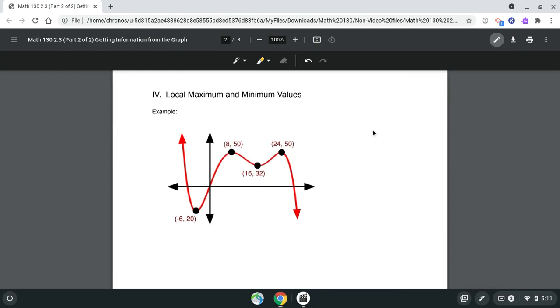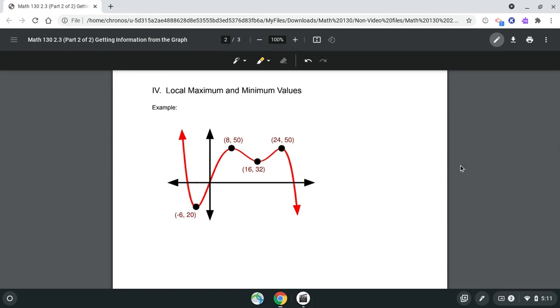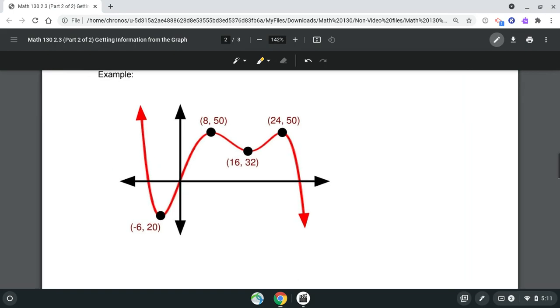All right, so let's go ahead and do local maximums and minimums. Okay, so what happens here is in math, we become concerned about what's happening right around these areas where the graph starts to transition from decreasing to increasing, or right here when it transitions from increasing to decreasing.